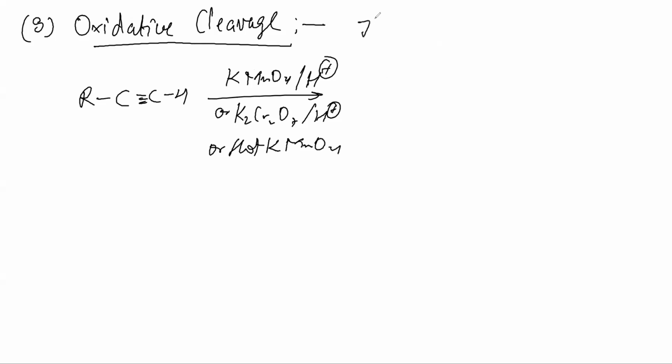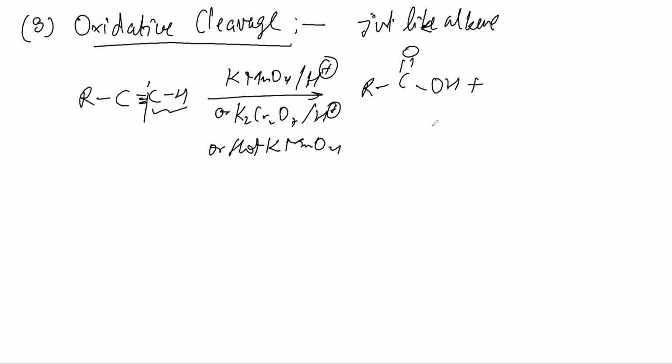So you write here just like alkene. No difference. Just like alkene. Catch and acids plus. Here one carbon acid means formic acid. So formic acid will be oxidized to CO2.